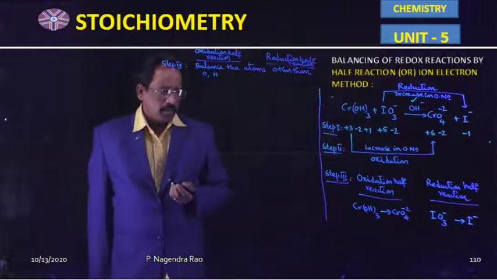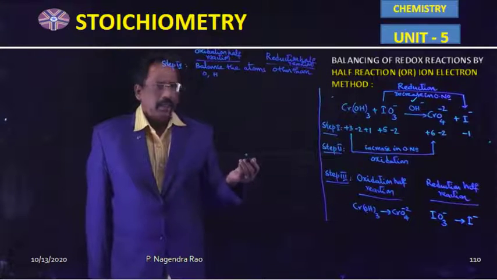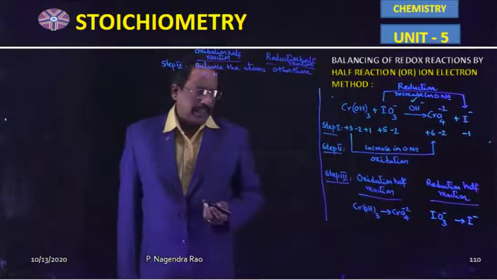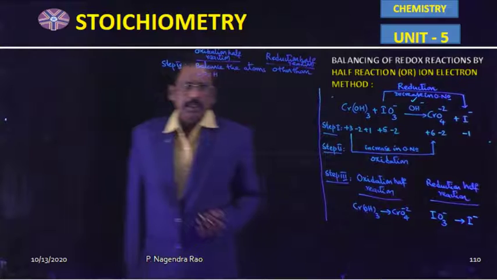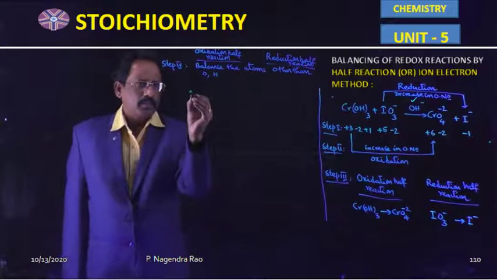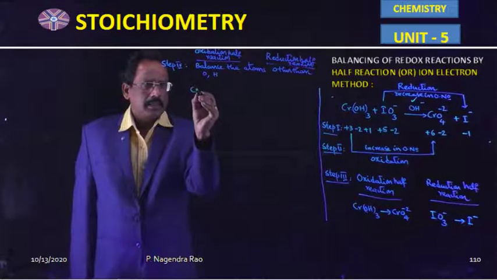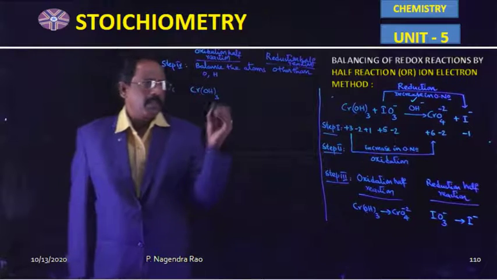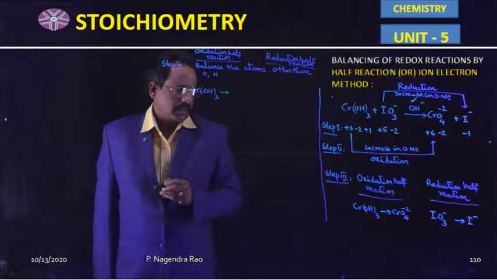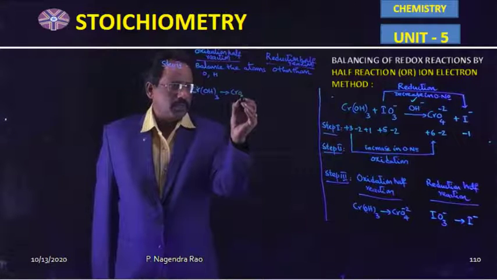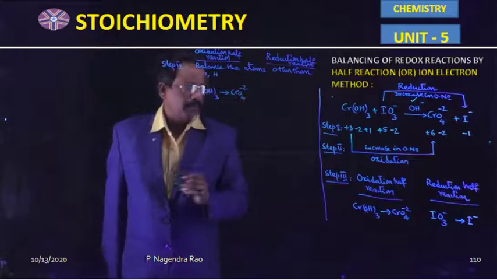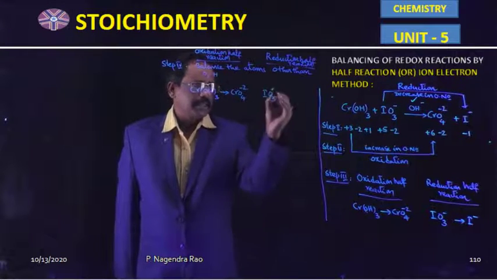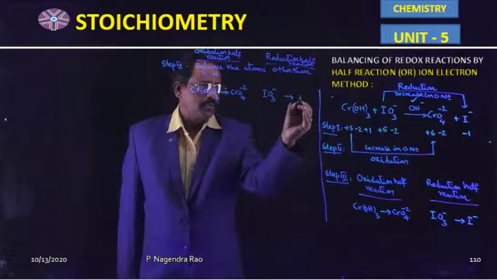Atoms other than O and H are already balanced. Chromium and chromium, iodine and iodine. So copy the same equation. Cr(OH)3 is oxidized to CrO4²⁻, and IO3⁻ is reduced to I⁻.